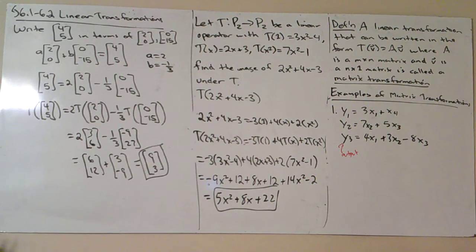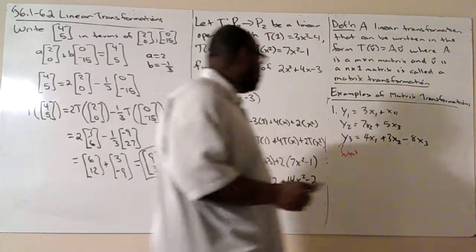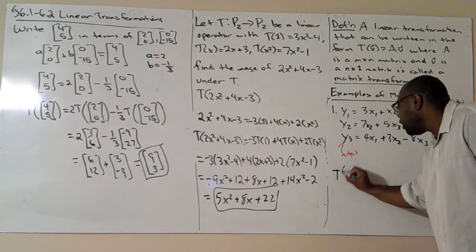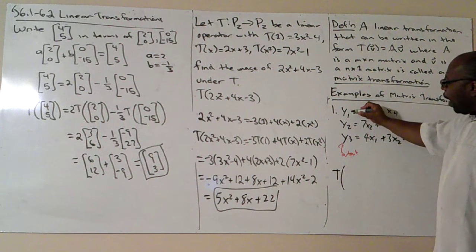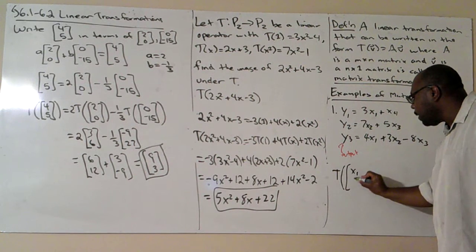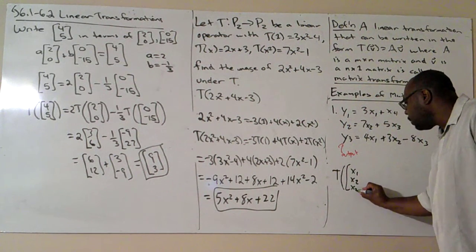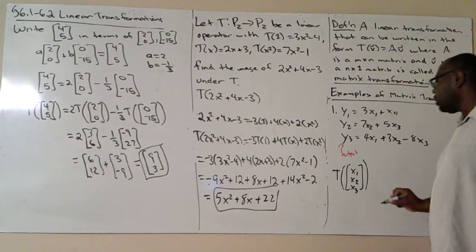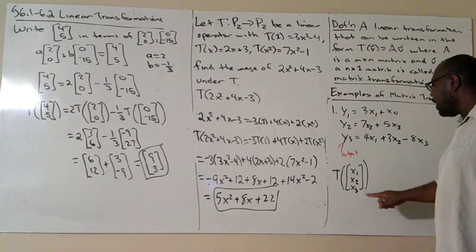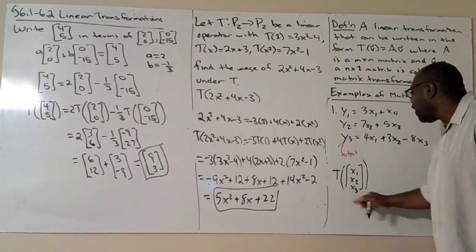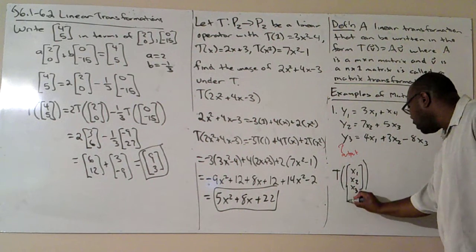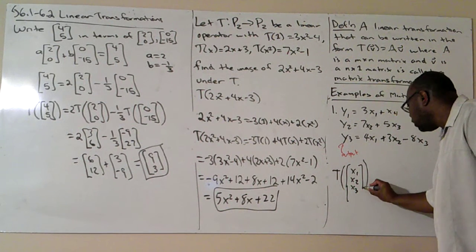So if I want to write this as a matrix equation, I'm going to replace y1, y2, and y3 with T of x1, x2, x3, x4. Those are my inputs.